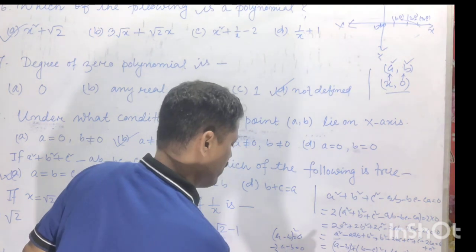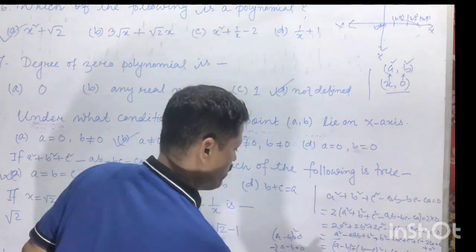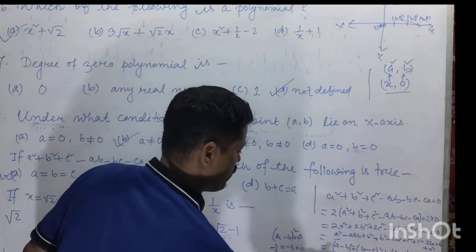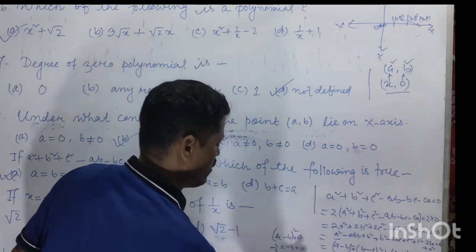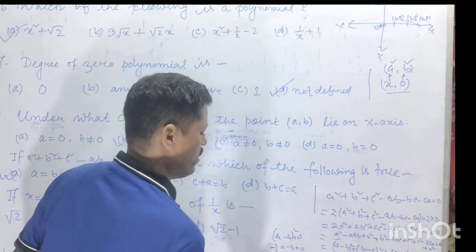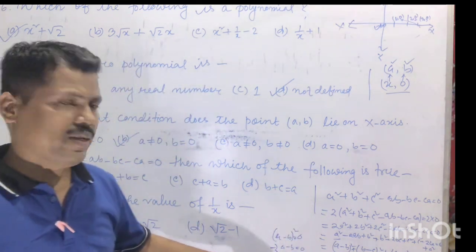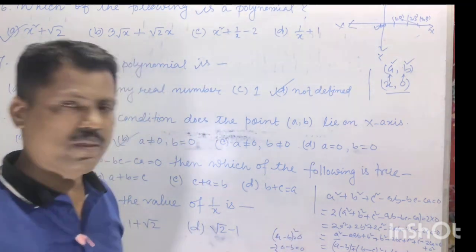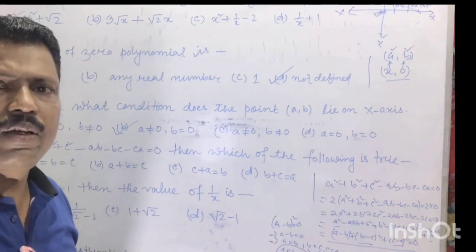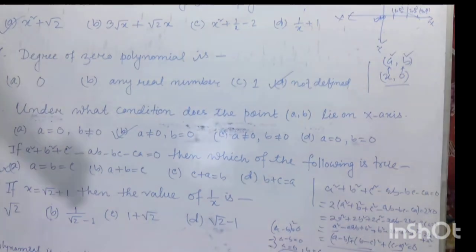So a is equal to b is equal to c. At that time option A will be correct.